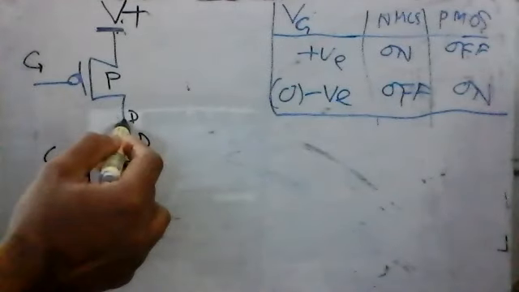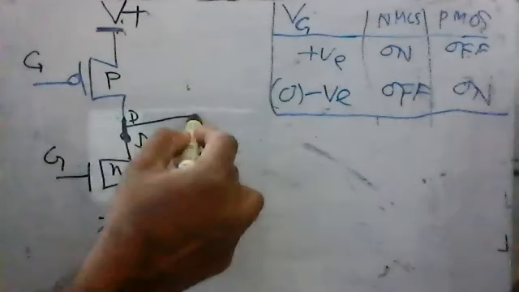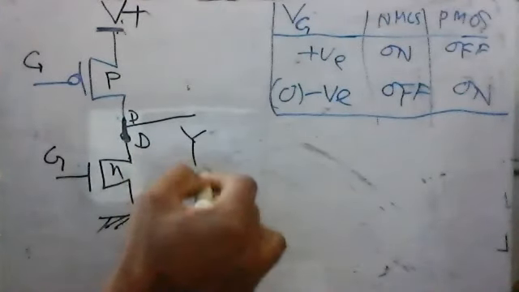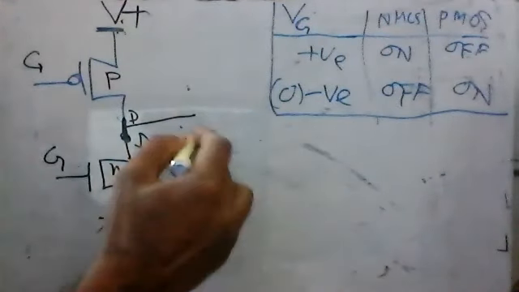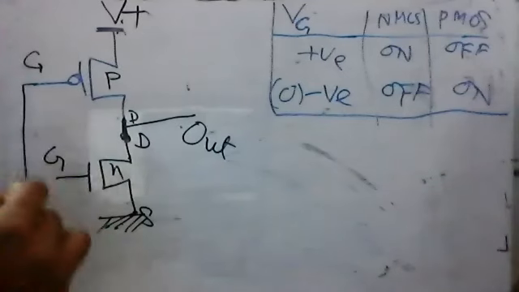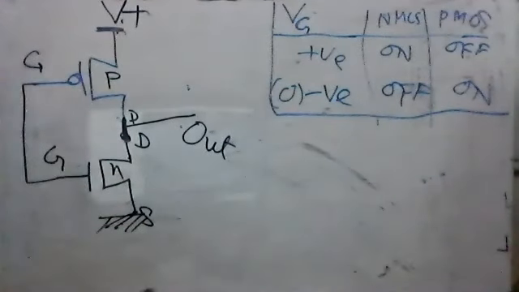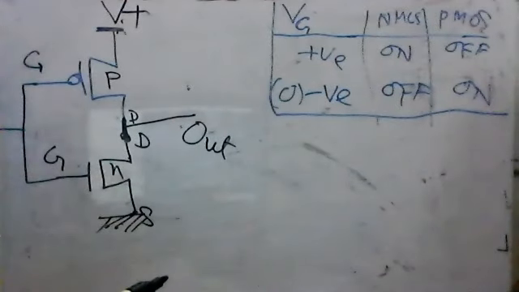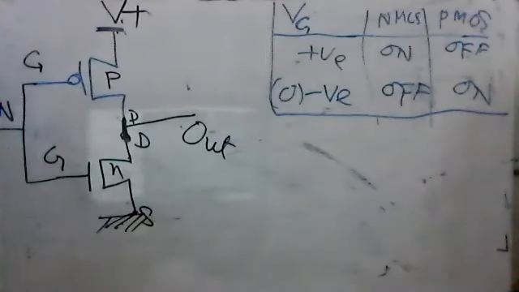Now we connect these two drains. Two drains are short circuited, and we'll take the output from here. Let's say this is the output. And we connect these two gates, because both gates are connected, we get a common input point, and we call this the input.